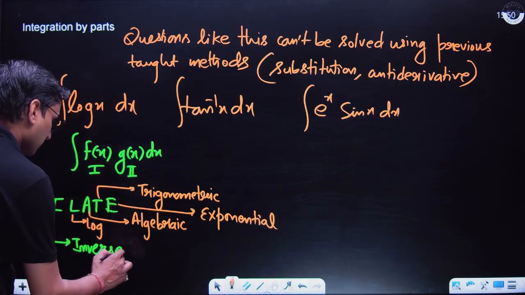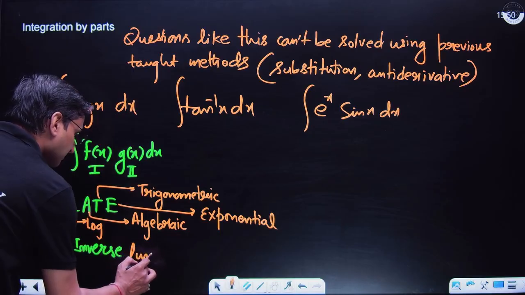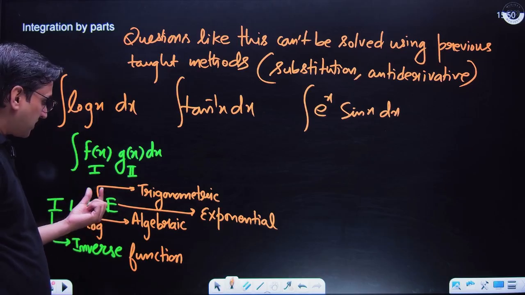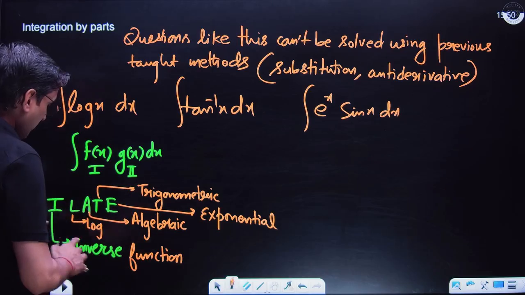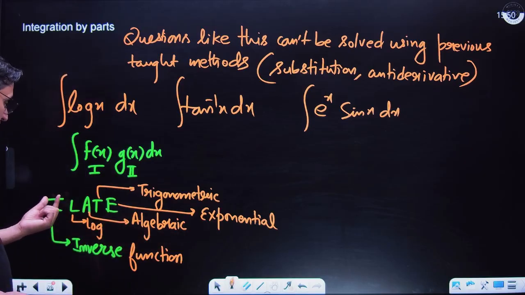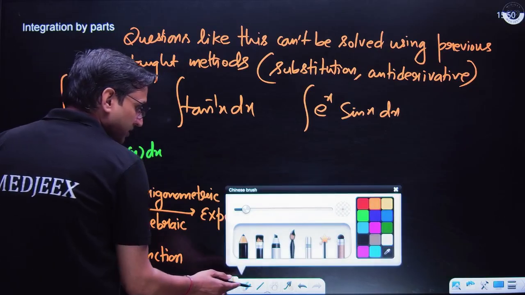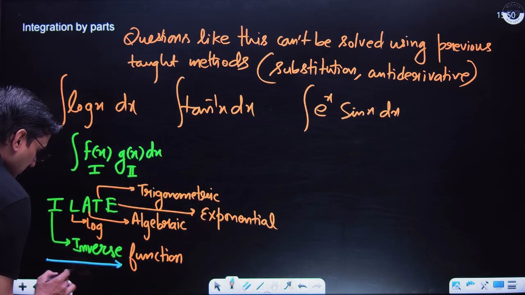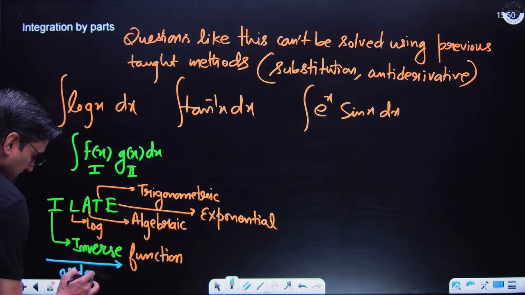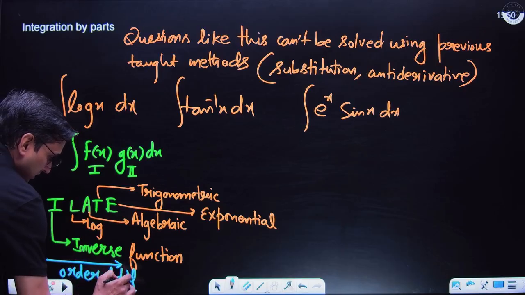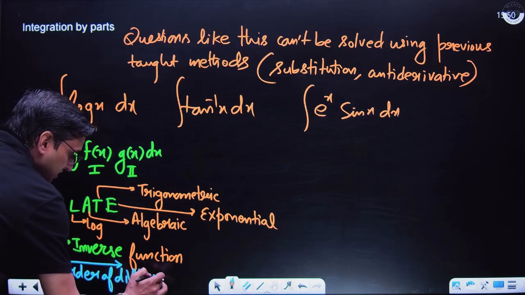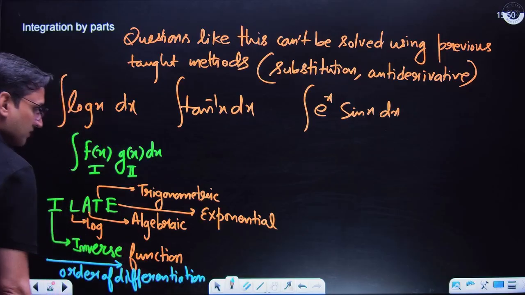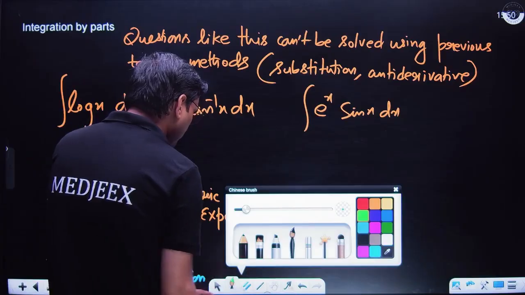These are the functions: inverse functions, logarithmic functions, algebraic functions, trigonometric functions, exponential functions. This is the priority for which is differentiated first. Yes or no? Order of differentiation. The term will be taken as the differentiation term. Is it clear?